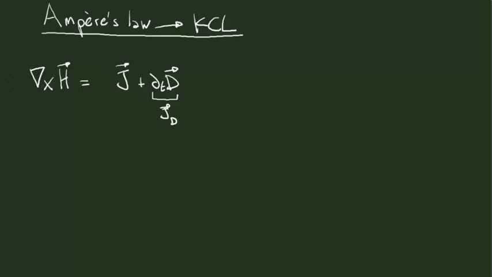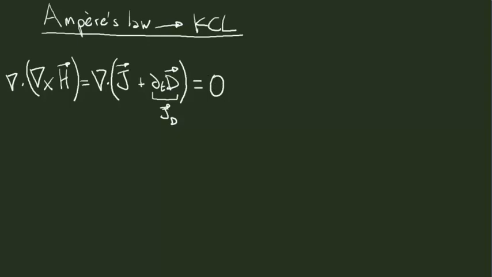Now I'm going to do a very simple operation. I'm going to take the divergence of Ampere law, both sides. So the divergence of the curl of H equals the divergence of J plus d/dt of the divergence of D. And we know from math, some mathematical theorems tell us that this always equals zero.